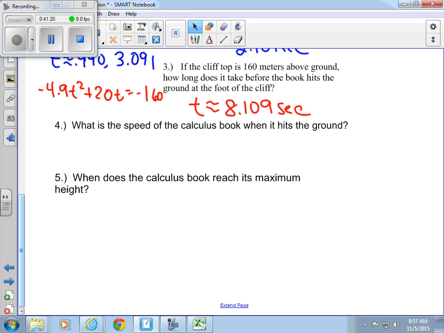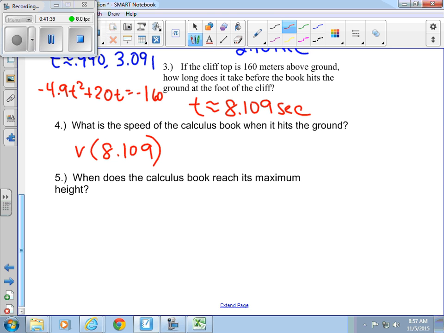No, but almost. What's the only difference? Speed's positive. So I will find the answer. If it's negative, I'll make it positive. It won't be negative because the book is falling. So I'm not going to have time to do this, but I would do v of 8.109. Why v of 8.109? Because that's the time when it's at the ground.